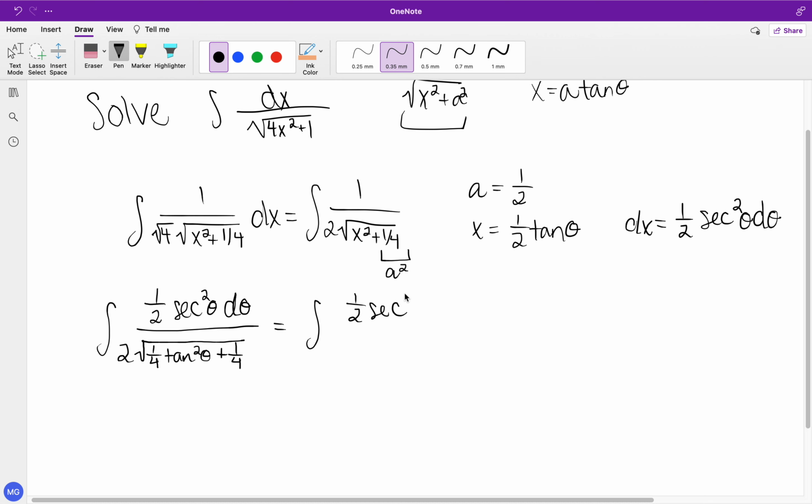And we will get 1/2 secant squared theta d theta all over 2 times the square root of 1/4 times tangent squared theta plus 1. From here, we can use the identity that 1 plus tangent squared theta is equal to secant squared theta.